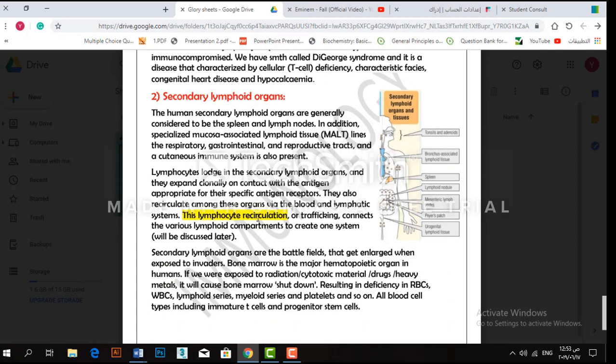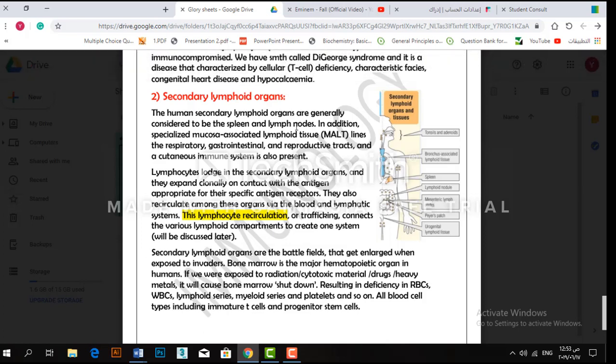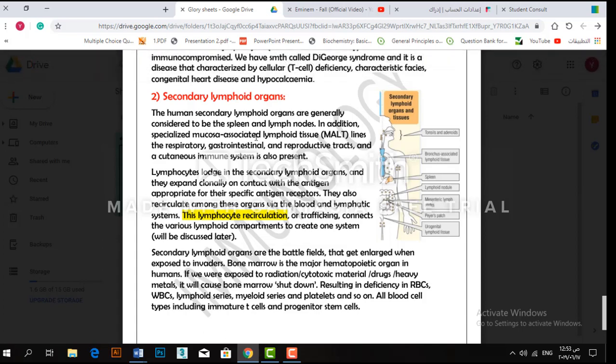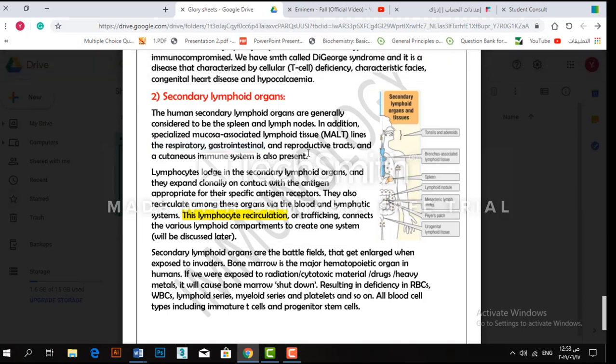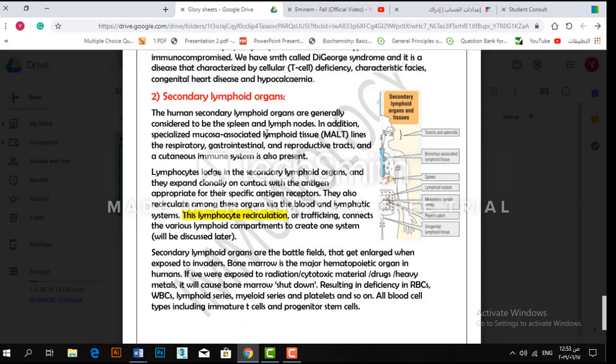Okay, secondary lymphoid organs. The human secondary lymphoid organs are generally considered to be the spleen and the lymph nodes, in addition to specialized mucosa-associated lymphoid tissue that lines the respiratory, gastrointestinal, and reproductive tracts, and a cutaneous immune system is also present.